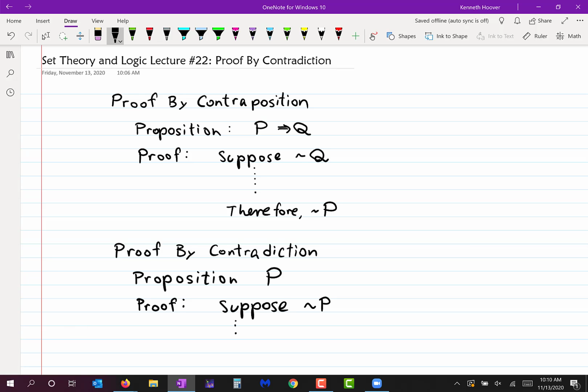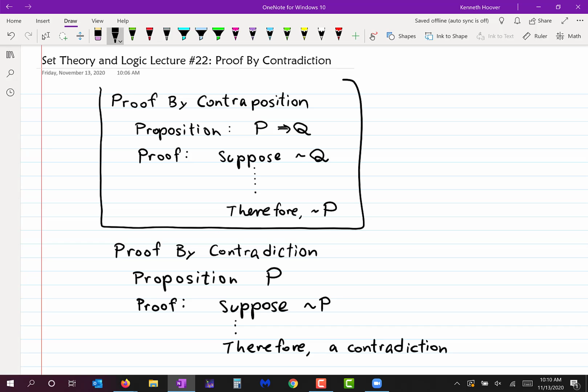And then you derive a contradiction of any kind. Okay? Now, these two things are very closely related.